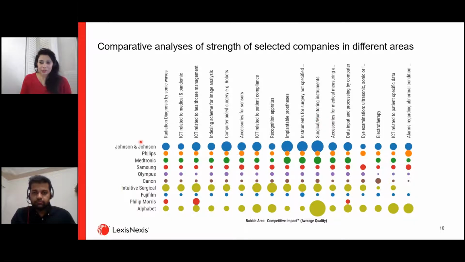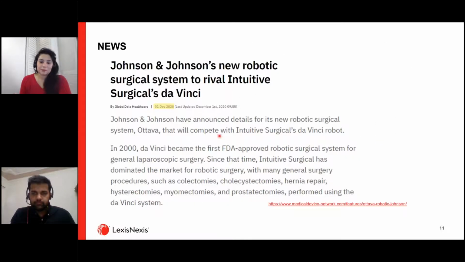Now, when we see like this with Johnson & Johnson and Intuitive Surgical, I would like to point out the news article that is there. It's 2020. So Johnson & Johnson's new robotic surgical system gets launched in 2020 to compete with Intuitive Surgical's Da Vinci. So Johnson & Johnson has launched a new surgical robot.